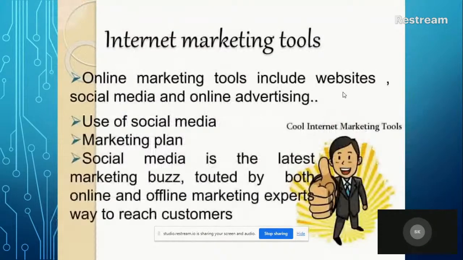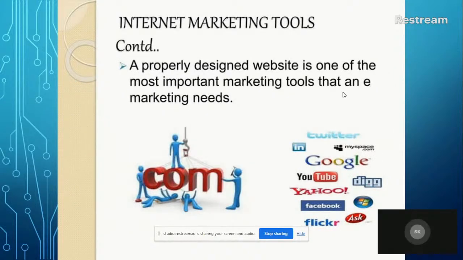So what are the tools used in e-marketing? Let's see. Online marketing tools include websites, social media and online advertising. Use of social media in the marketing plan is the latest marketing. In order to reach the customer, both online and offline marketing are explored.